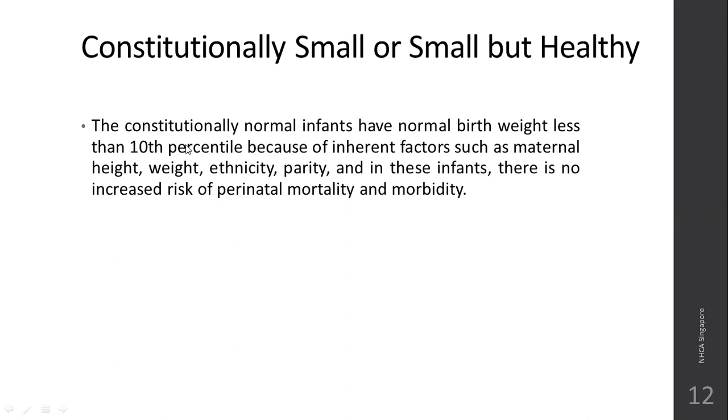And parity means how many times the mother has given birth. If it is a multiparous mother who has given birth more than 2 times, there are high chances that the consequent births, third child, fourth child, fifth child, may get smaller and smaller. Okay, that is a parity factor.